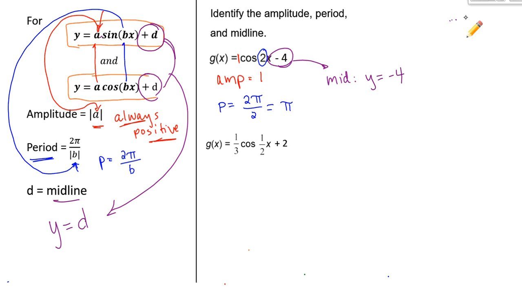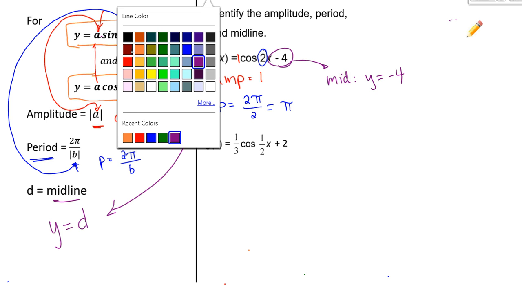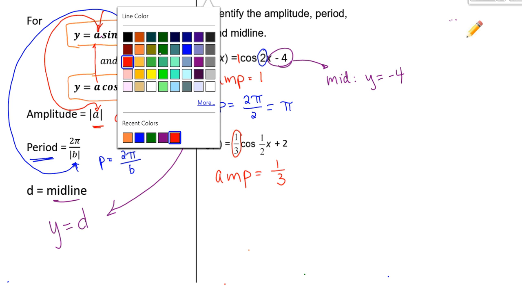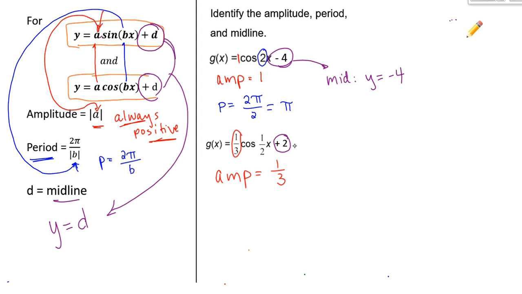Okay, let's try the next one. Looking at this one, I've got this number out in front of the trig function. That gives me my amplitude. Right, let's go to midline next. Midline deals with this number right here. So my midline is going to be automatically at y equals 2. Now that y is important. Midline is an actual line. So just telling me that a line is 2, that doesn't make sense.